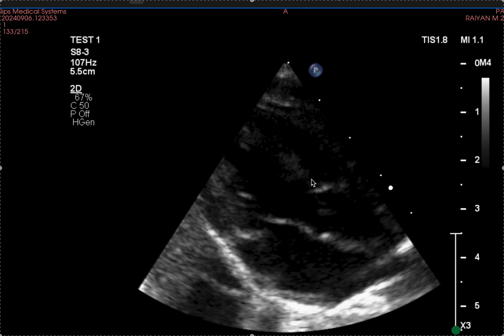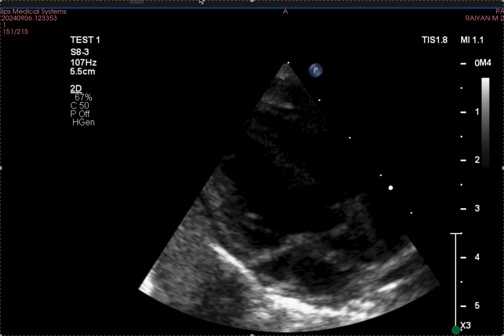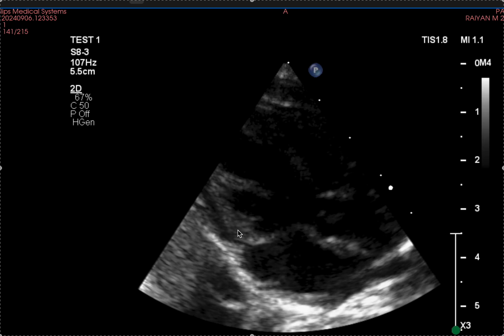Next image, again the parasternal long axis view. This is the left atrium, left ventricle, this is the aorta, and this is the dilated coronary sinus. You can see this coronary sinus is almost touching the left atrium, so only a very thin wall separates the left atrium from the dilated coronary sinus.